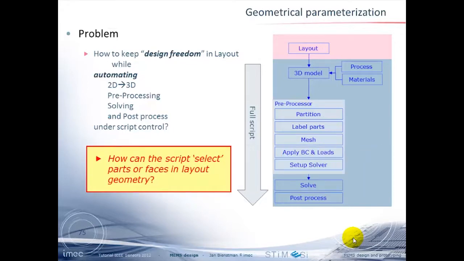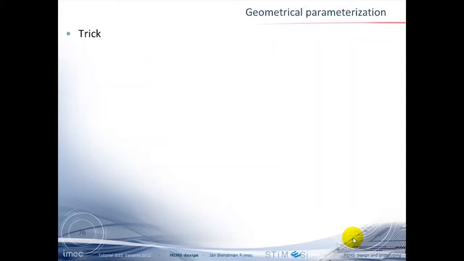So how can the script select parts or faces from the geometry when you just have GDS? The trick is, instead of drawing masks or even layout that is for the foundry, a designer should forget about the process. Of course, he should know about the process, but he works in the functional part.